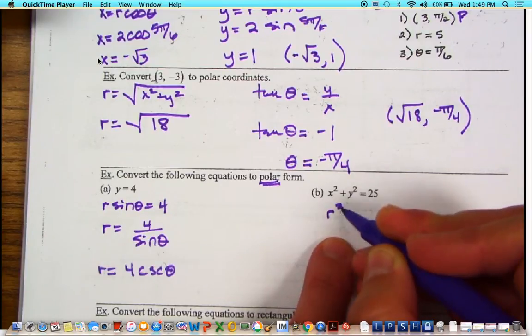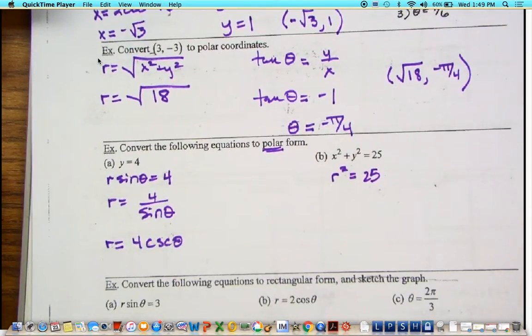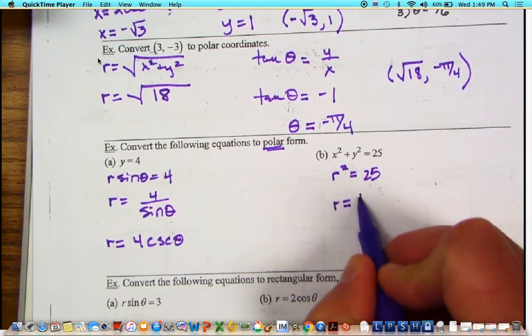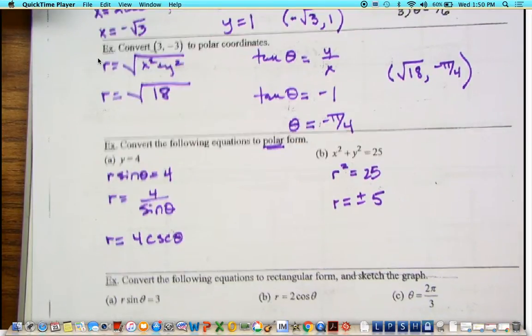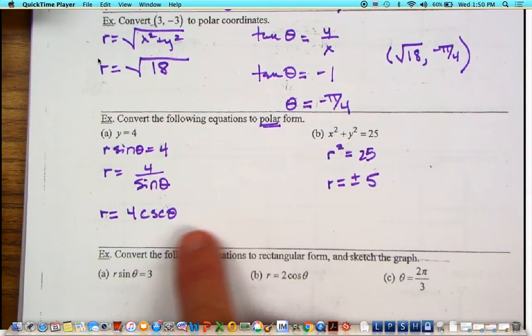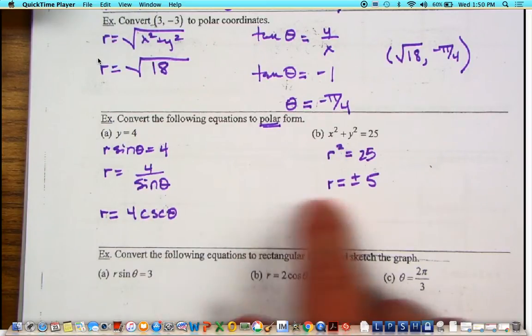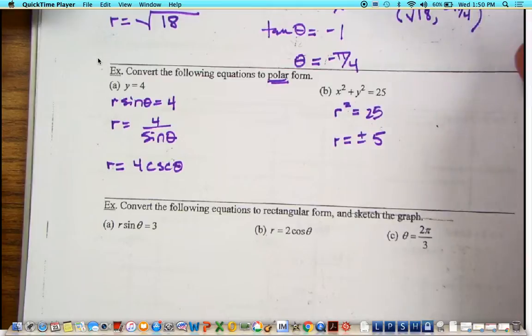So I replaced this with r squared is 25. So r is equal to plus or minus 5. The challenging part is to remember how to graph these things.